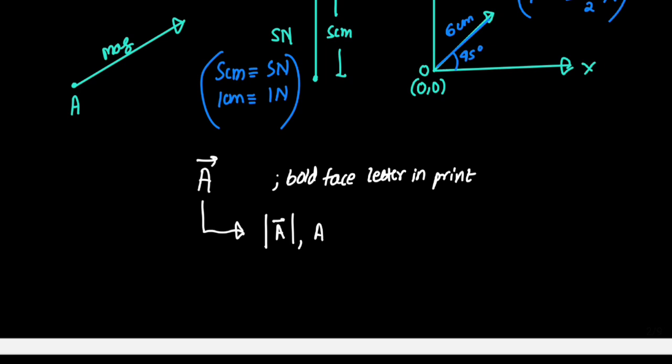You can use the vector A surrounded by 2 bar brackets, I guess. These things are called bar brackets as far as I know, the modulus symbol, but pretty much they represent the magnitude of the vector A. Or you can simply use the vector A without the arrow sign to say that it represents the magnitude of the vector A.